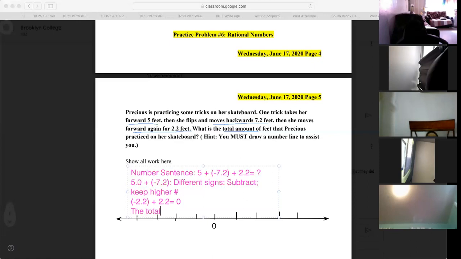So the total amount of feet that Precious practiced on her skateboard is 0 feet.